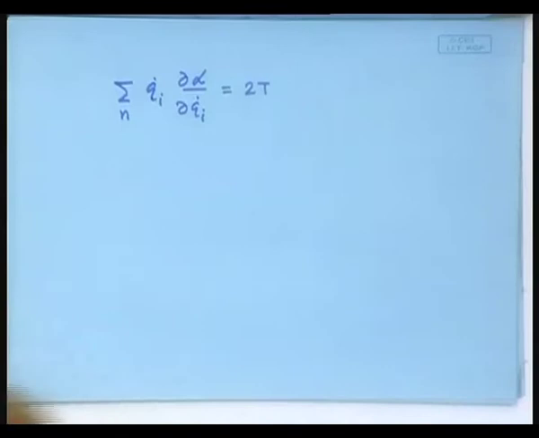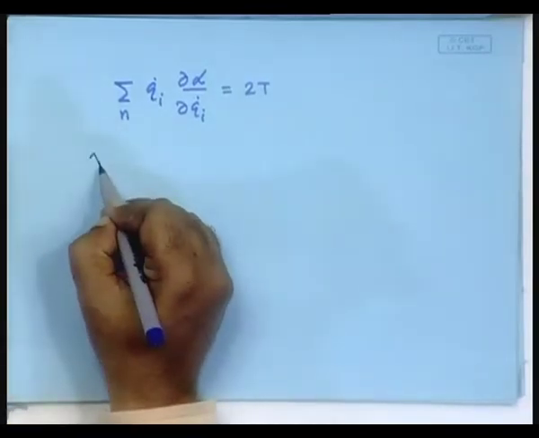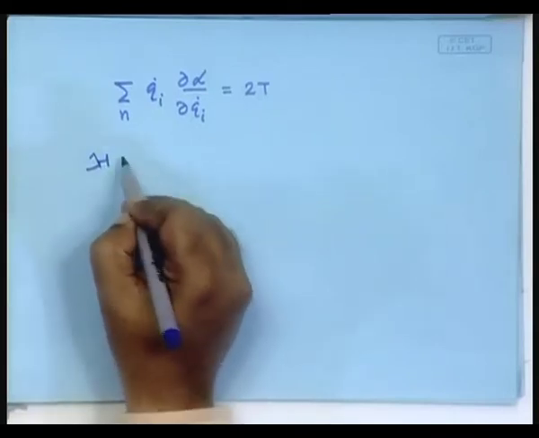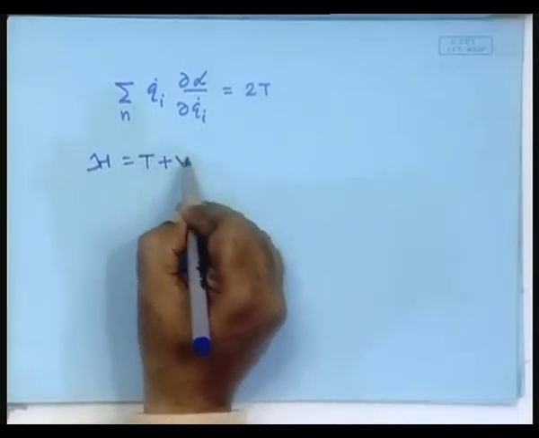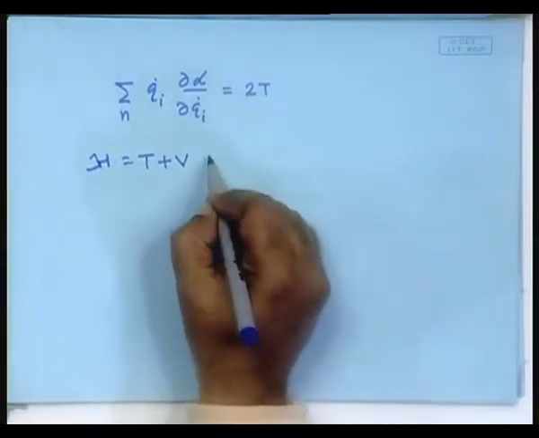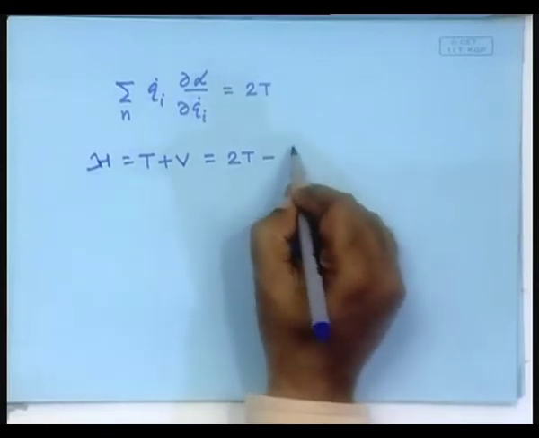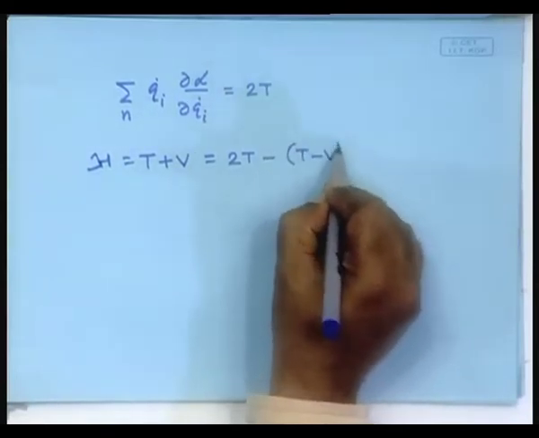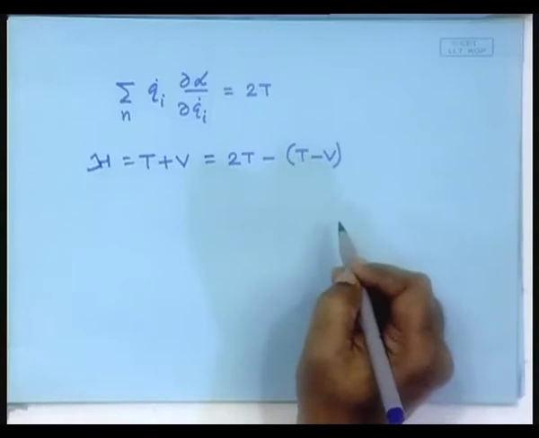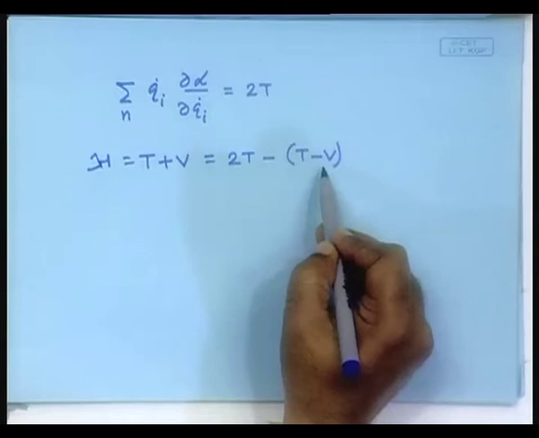Now, we have said that we want to deal with the total energy function H, which was T plus V. Fine. We will write it as twice T minus T minus V. Twice T we know what it is, T minus V we know what it is.